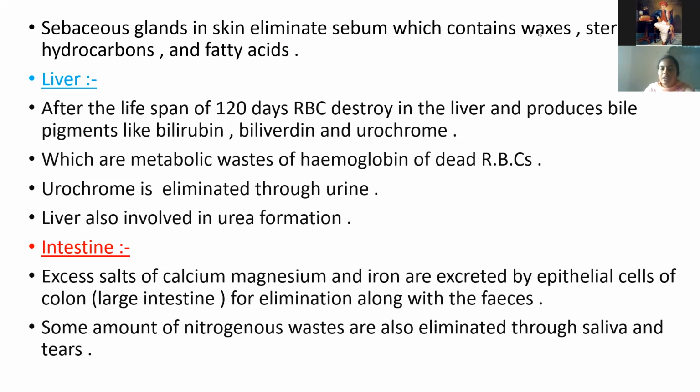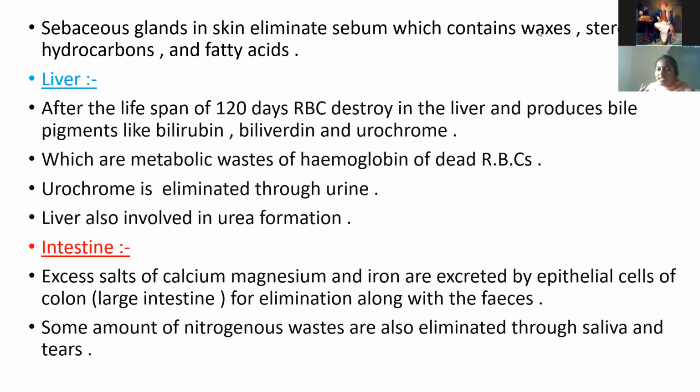Next one is the liver. After the lifespan of 120 days, the RBCs are destroyed in the liver. What is the lifespan of RBC? The lifespan of RBC is 120 days.